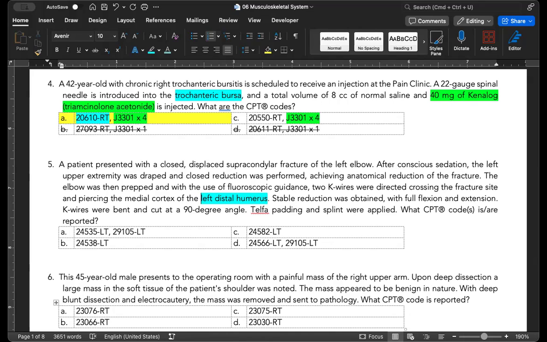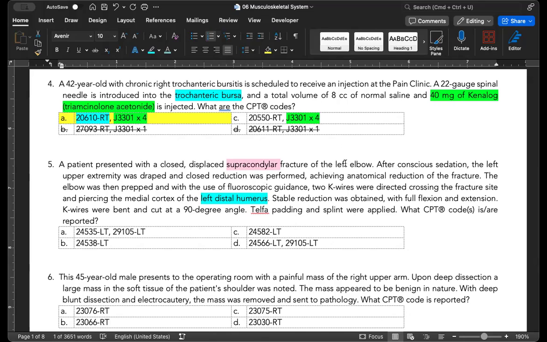Okay, so we'll go to fracture and then humerus. And then we're going to go to supracondylar, right? Because if we think about it, if we fracture the elbow, the elbow isn't a bone, right?